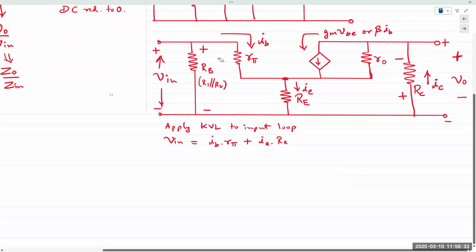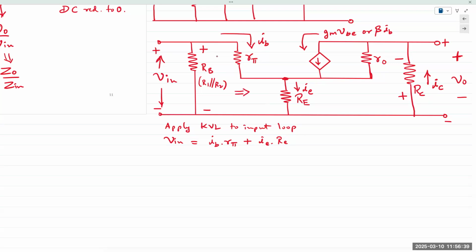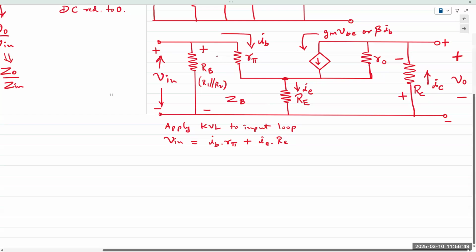If we say, looking into the base of the BJT, what is the impedance? We can label that as ZB. ZB is the impedance looking into the base. And from the small signal model, it comprises r pi and RE.